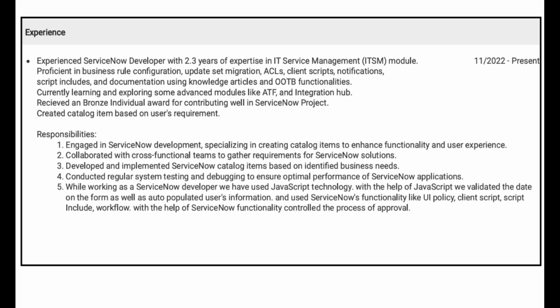Okay. So you have created a script? Yes. So tell me what is GS? Glide system. What is the use of GS? We used GS to get information. Which type of information?